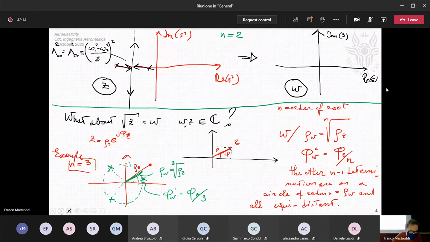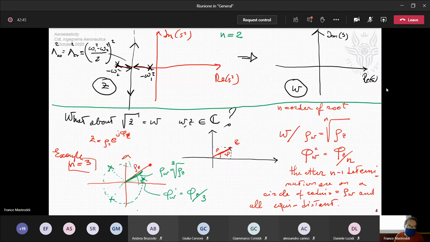So for example, what about this point and this point, which are minus omega 2 squared, and this which is minus omega 1 squared? What about here? We know this result because we have to take the square root of a negative number. So you have plus j and minus j omega 1, as you know.